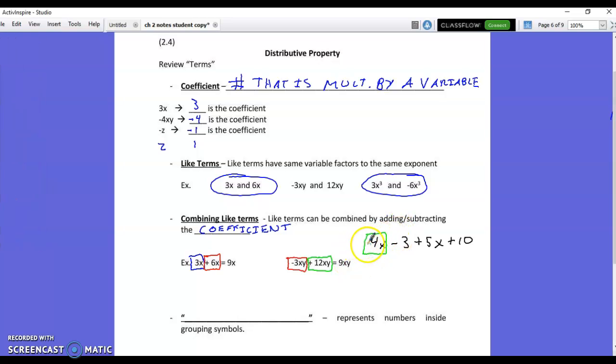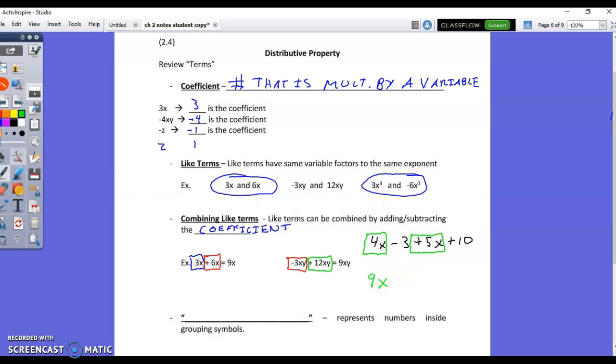And maybe I'm looking for another term that shares that, and I can see one right here. I'm going to include that positive with it because the sign to the left goes with that term. So I have a positive 4x and a positive 5x. If I combine a positive 4 and a positive 5, that becomes a 9x.